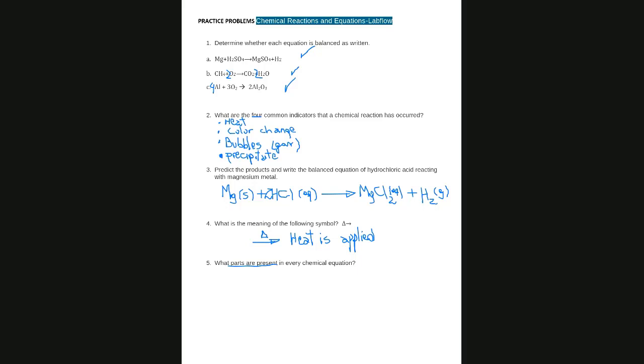The minimum that you need in order to have a chemical equation. At least one reactant. Then you need at least one product.